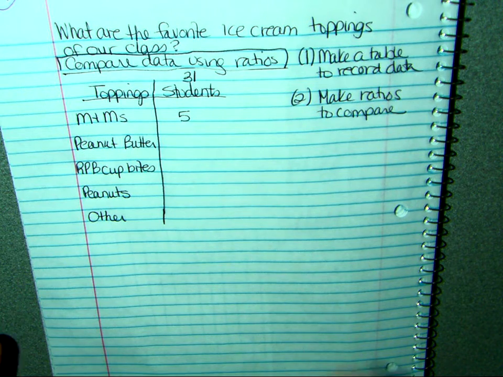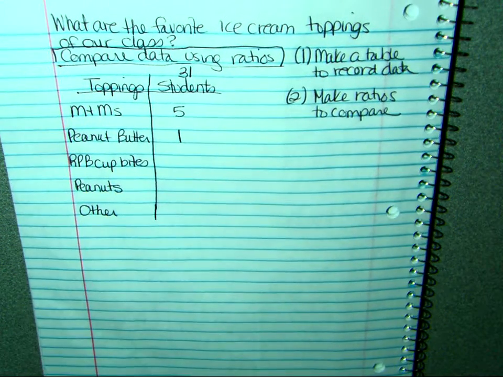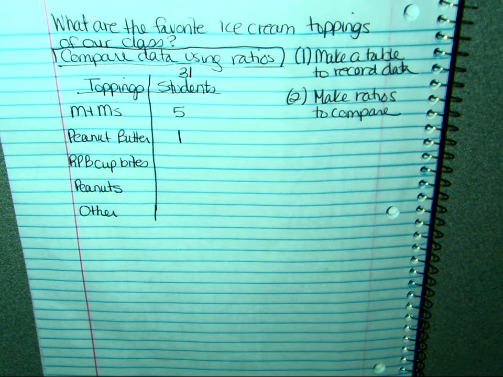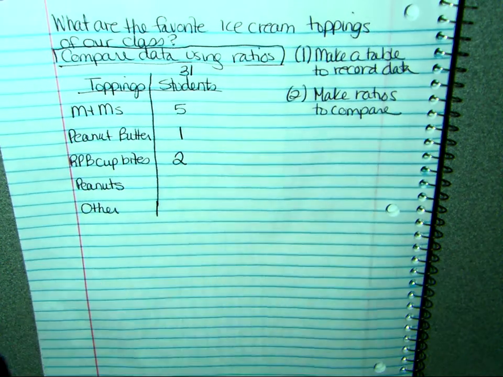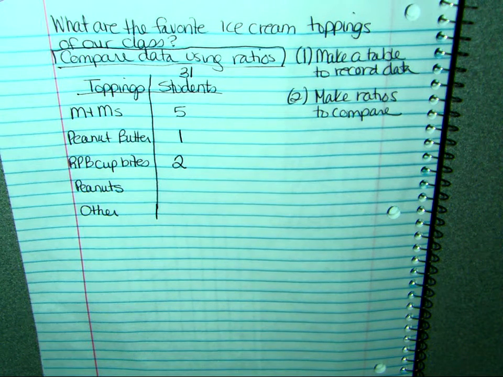1. It's okay. If you prefer Reese's Peanut Butter Cup Bites, raise your hand. So 1, 2. Okay? If you prefer peanuts, raise your hand. Okay?